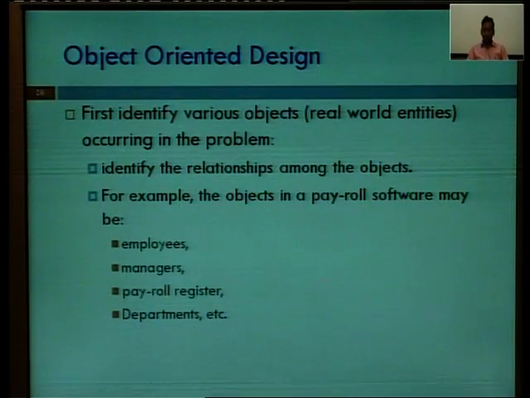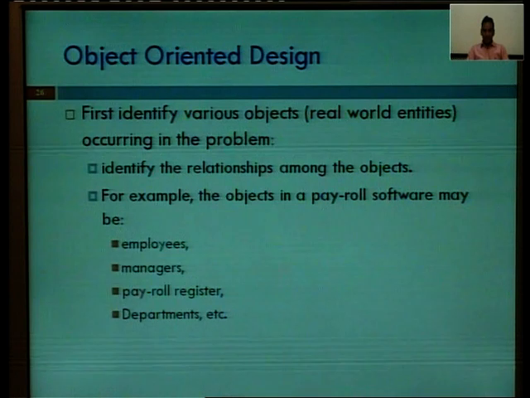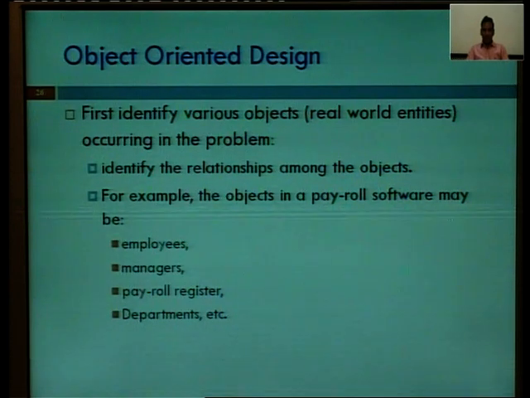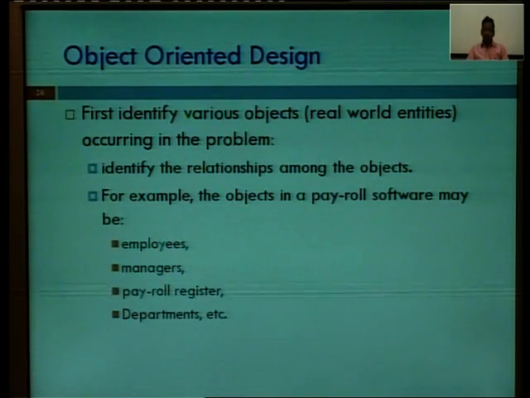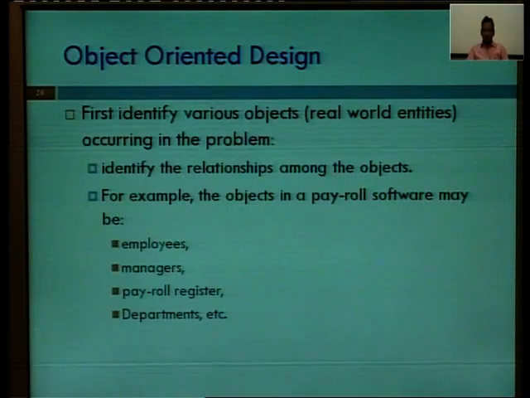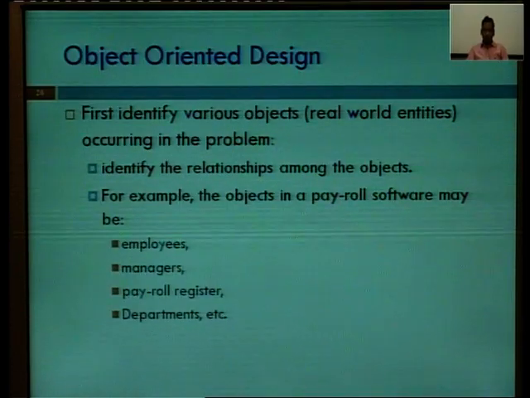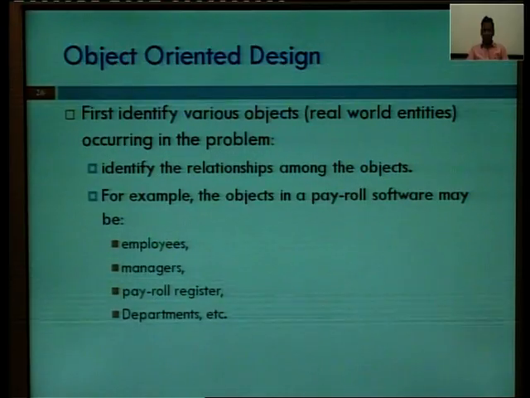If we look around our room at the different objects, we see a table, that is an object, a chair, that is an object, a computer system, a printer, an AC, all objects, because all these are real world entities that have some properties and different functions applied to them. After identifying the different objects occurring in the problem, we have to find out the relationship among those objects.